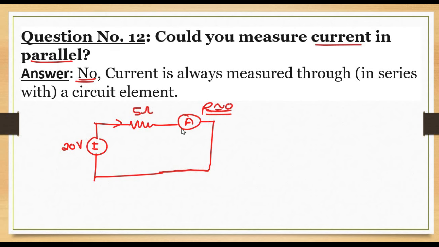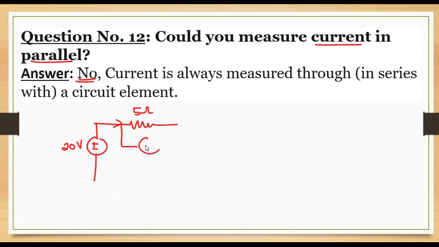Now what will happen if we connect the ammeter in parallel with this 5 ohm resistor to measure the current across it? I am connecting it in parallel with the 5 ohm resistor.